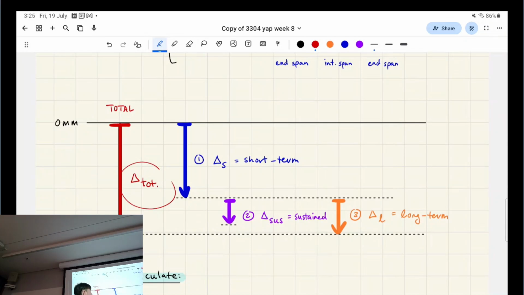The sustained deflection, we don't actually really think of it; it's basically an intermediate step. So we only really need to think of the short-term deflection and the long-term deflection, and when we add those two portions together, we get the total. The sustained deflection is purely a mathematical step in order to get the long-term one. Okay.